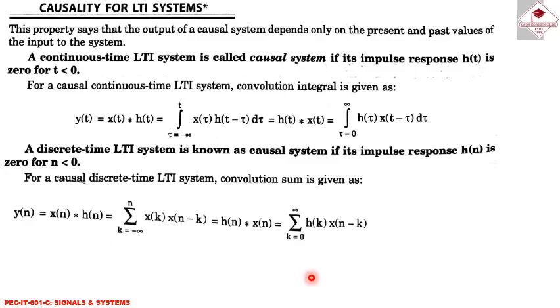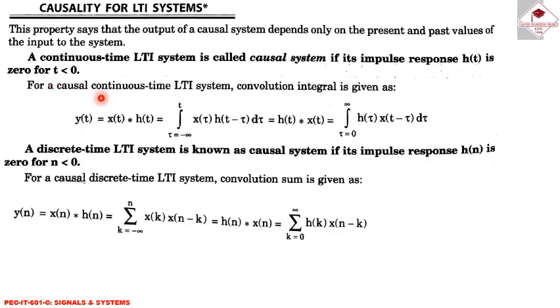Next, causality for LTI system. This property says that the output of a causal system depends only on the present and past values of the input of the system. The continuous time LTI system is called a causal system if its impulse response h(t) is 0 for t less than 0.